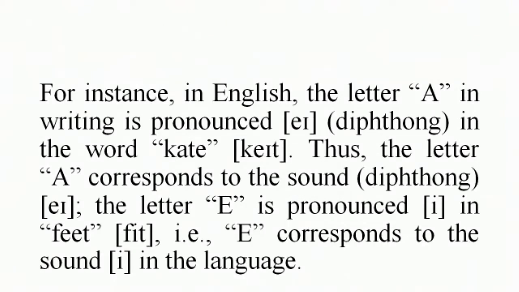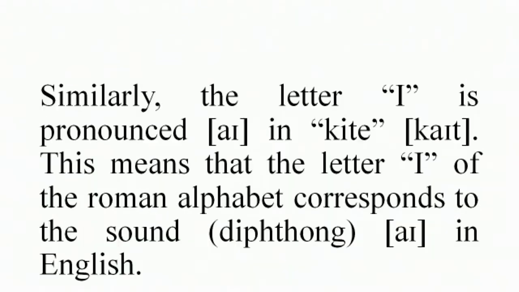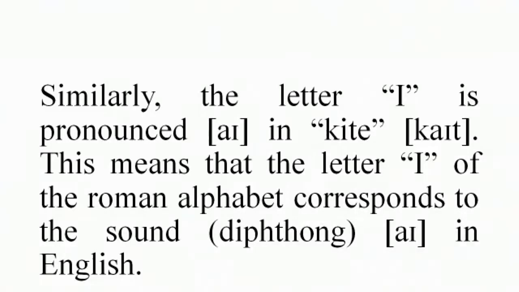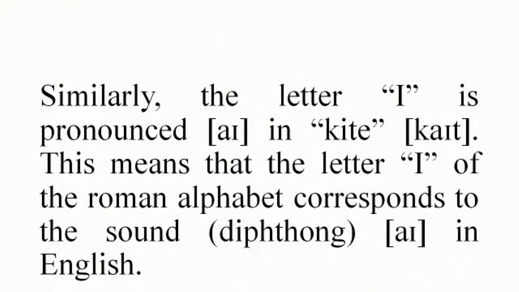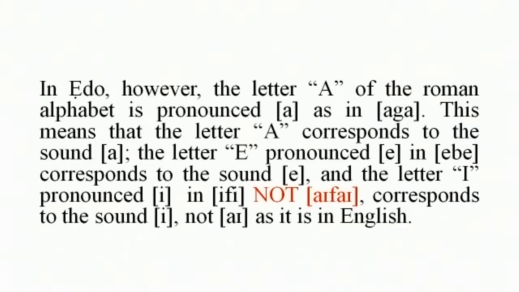That is, the letter E corresponds to the sound E in the language. Similarly, the letter I is pronounced I, that is a dictum, in the word kite, spite, bite, and so on and so forth. This means that the letter I of the Roman alphabet corresponds to the sound that is the dictum I in English. That is where we are going to see the difference.